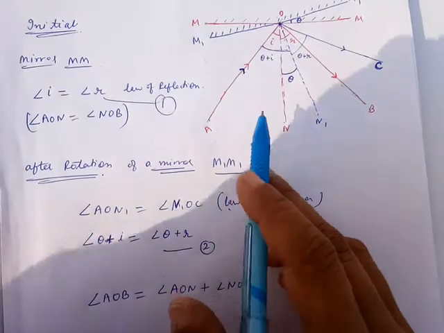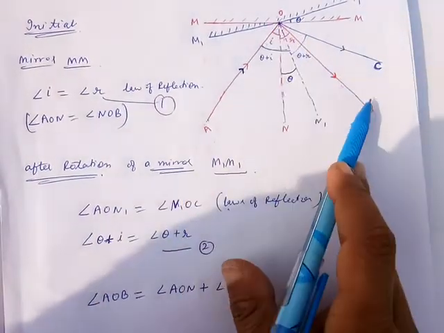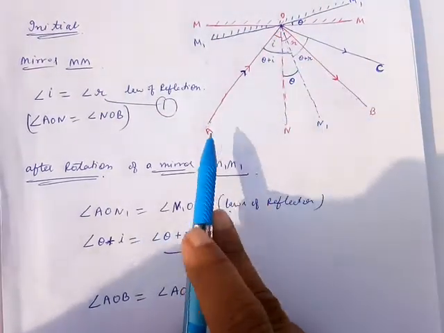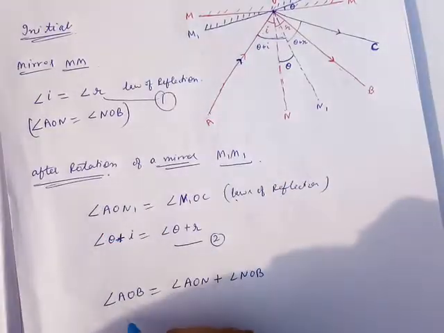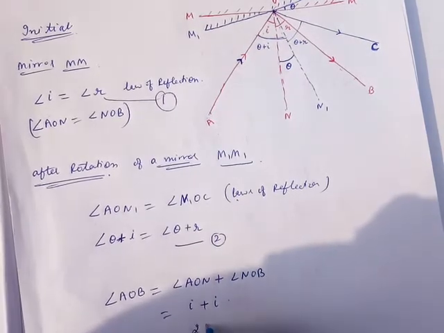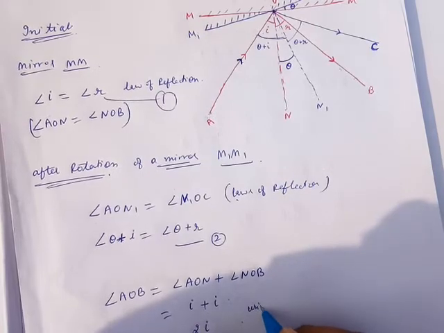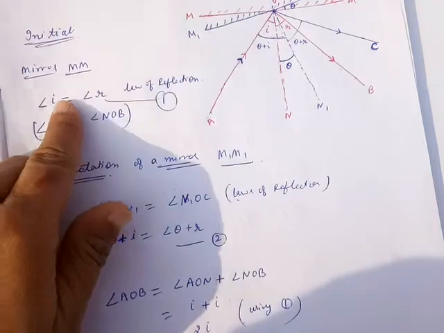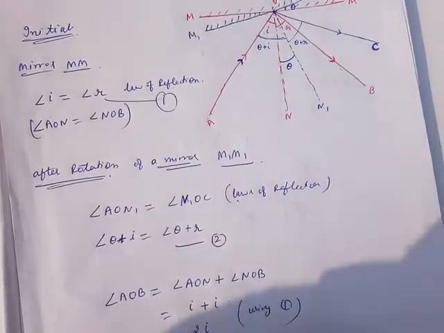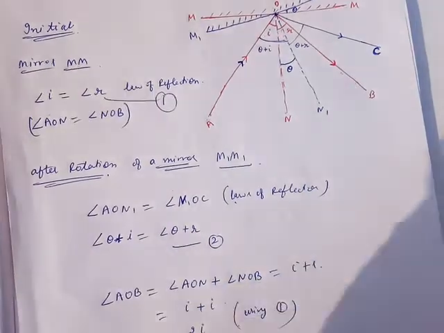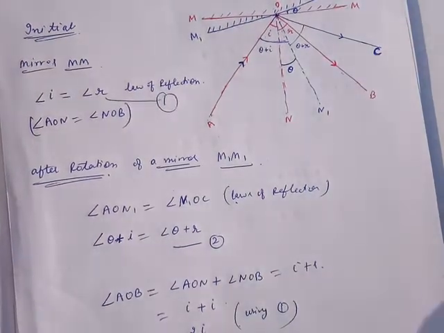Now you can see here angle AOB is the sum of angle AON and NOB. Now AON and NOB are both I, so I plus I is equal to 2I using equation 1. Since I is equal to R, it means angle AOB is 2I.